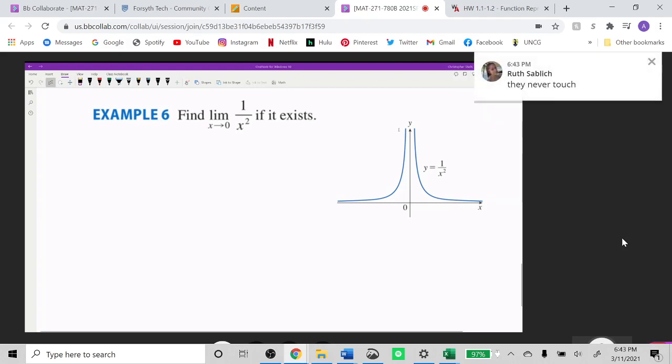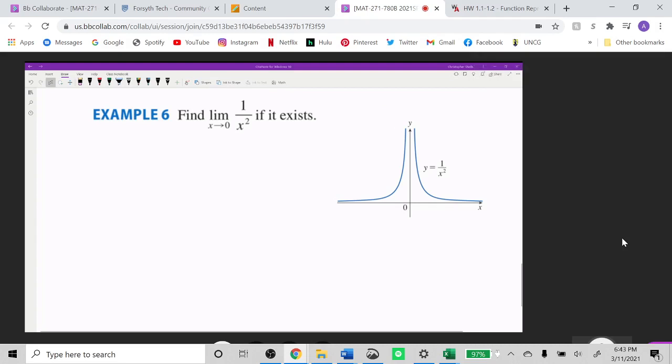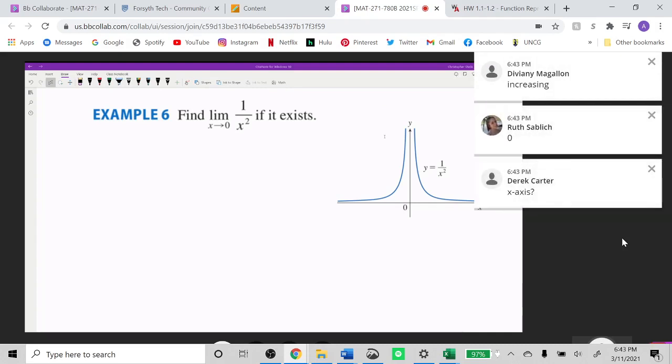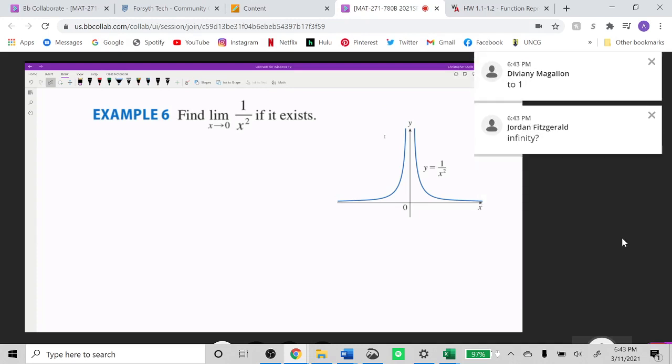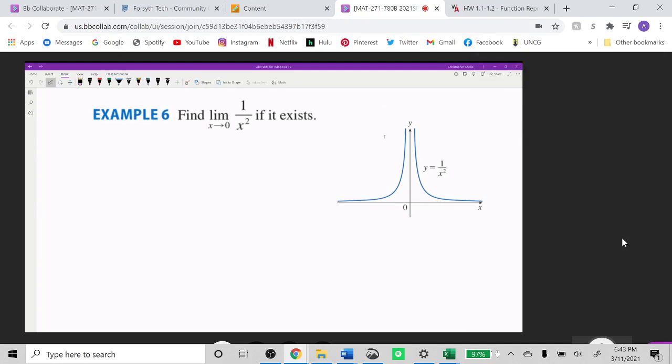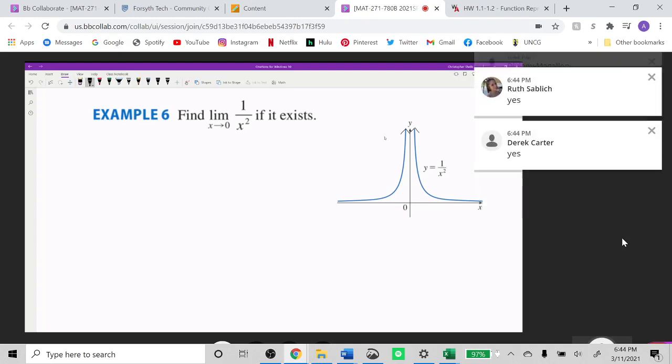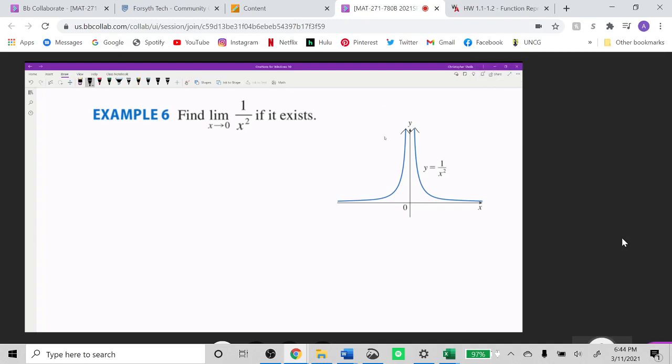They never touch, but what are they getting close to, quote unquote? They are increasing forever, right? My function values for this graph, as x gets close to 0, are going up forever. Do we agree? Because there's a vertical asymptote here, right? So we could say that these function values grow without bound, for instance.